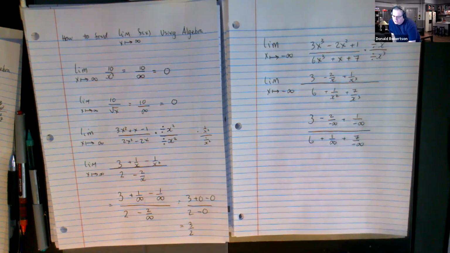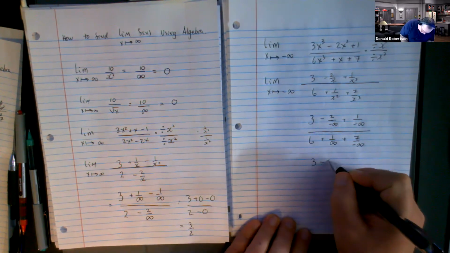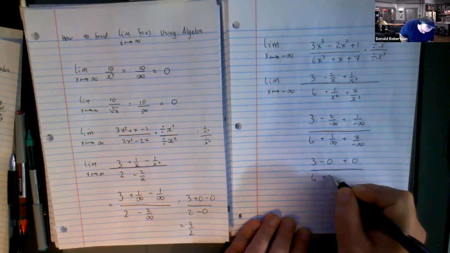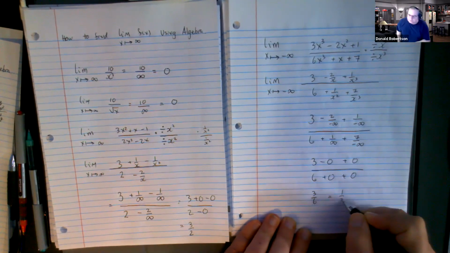Isn't 2 over negative infinity still 0? 2 over minus 22 billion trillion, isn't that just 0? So what do we get? 3 take away 0, add a 0. 6, add a 0, add a 0. Doesn't really matter about the zeros. The answer is a half.